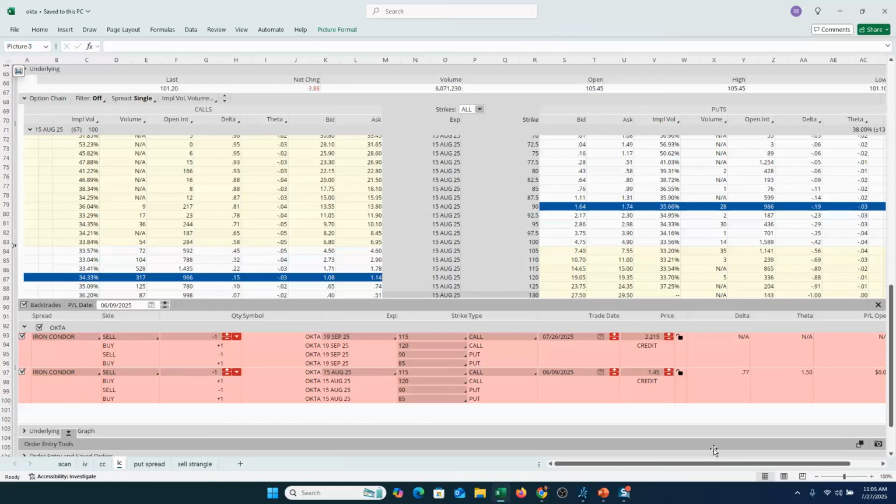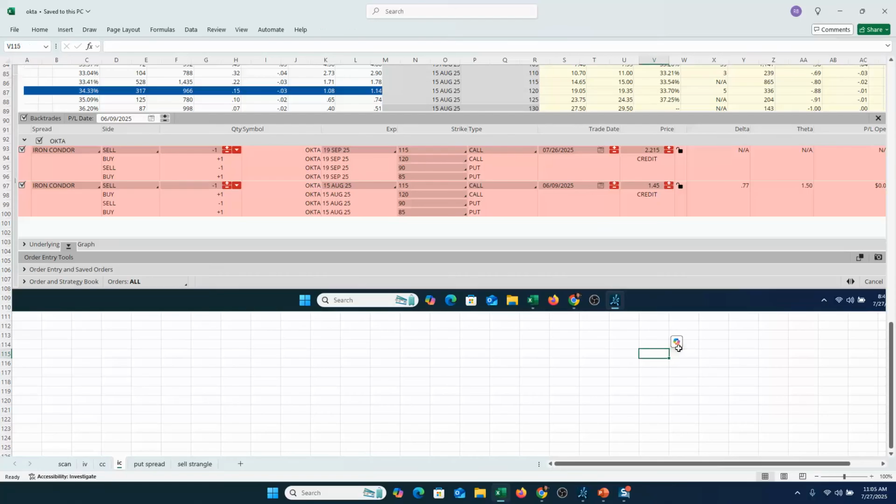That iron condor defined risk trade, you can certainly get a bigger return. In this case, back then you'd be bringing in $1.45, risking $3.55, so your risk return would be much less. 145 divided by that 355 gives you a 40% return.